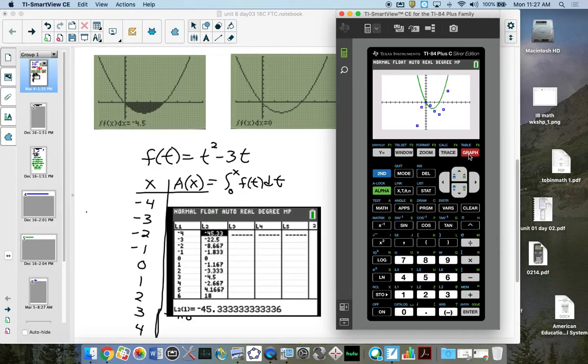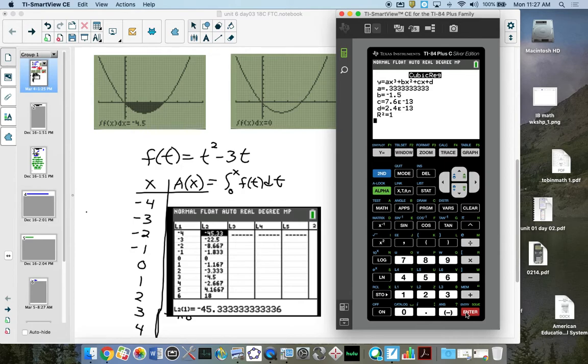So I'm going to try and fit a cubic graph to that. So I'm going to press stat, and I'm going to go over to calculate, and I'm going to do a number 6, cubic regression. My numbers are in L1 and L2. I can actually store the equation, so let's store that equation in y2, and then let's go ahead and calculate it. There it is.